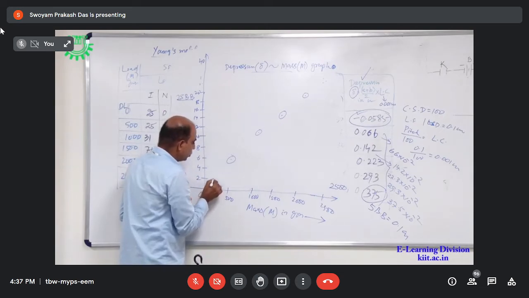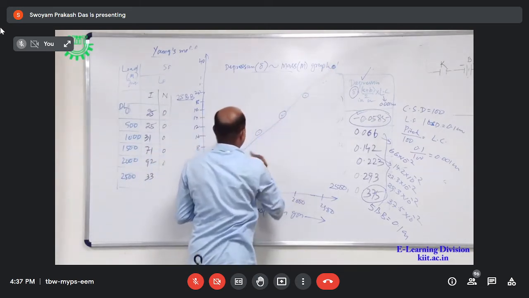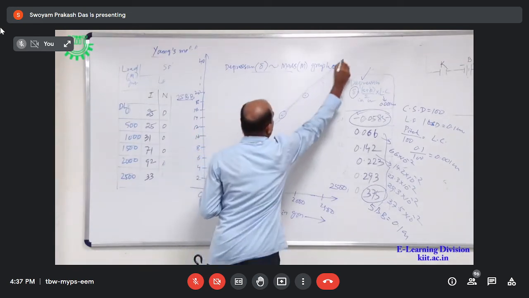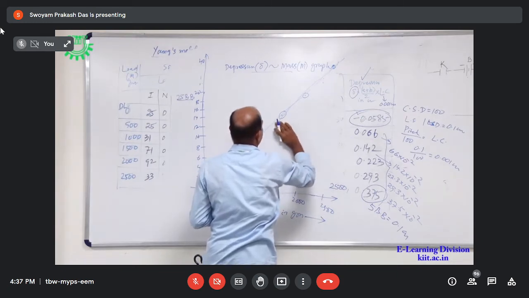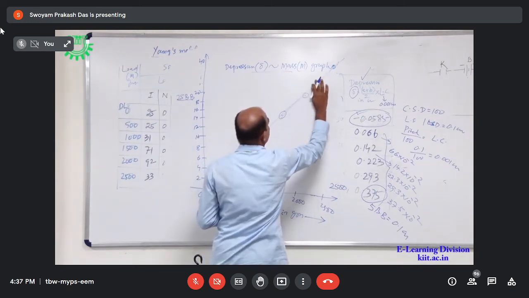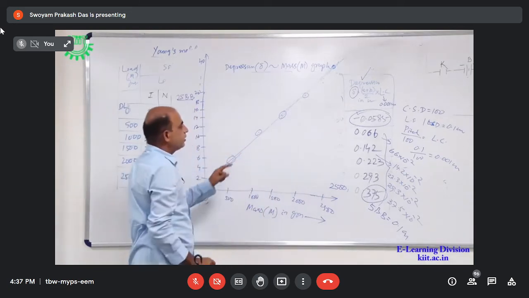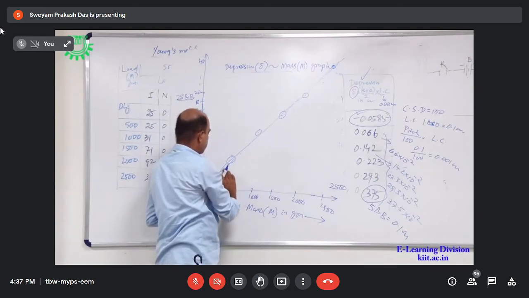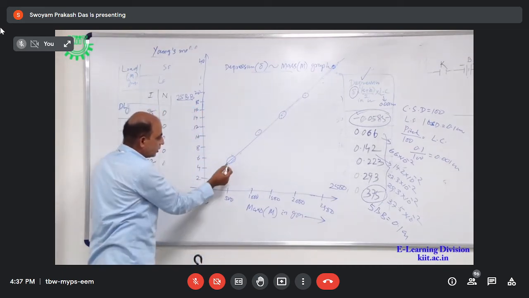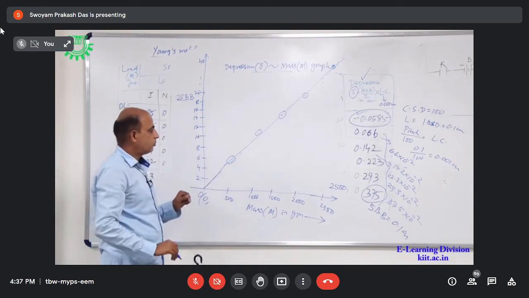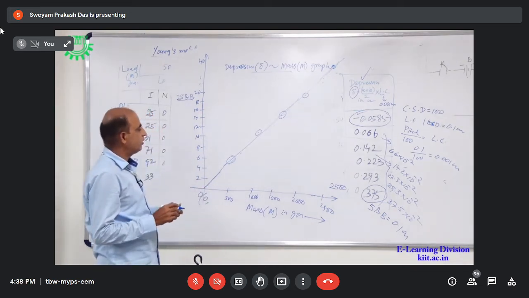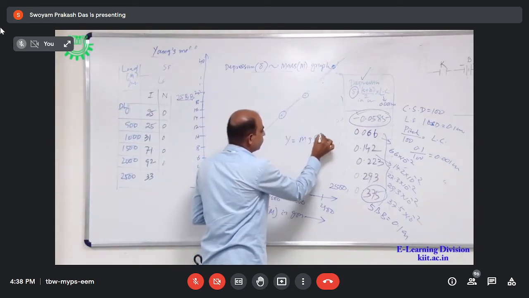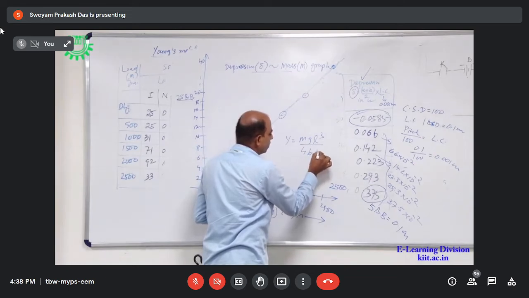After we draw the straight line, it is coming to the origin, because in the working formula it is very clear that y equals mglq divided by 4 bdq delta.